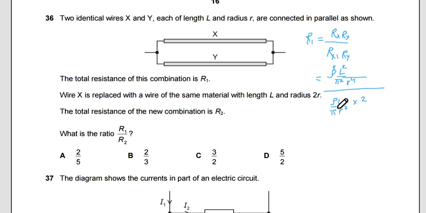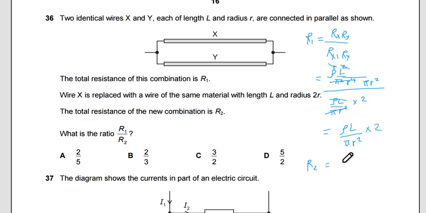Can simplify this by removing these squares, and we can remove this also, and the remaining here will just be pi R squared, so it is rho L over pi R squared over 2, which means times 2.